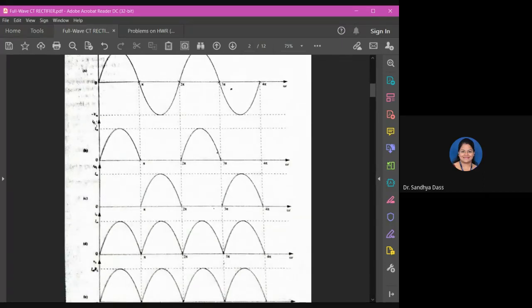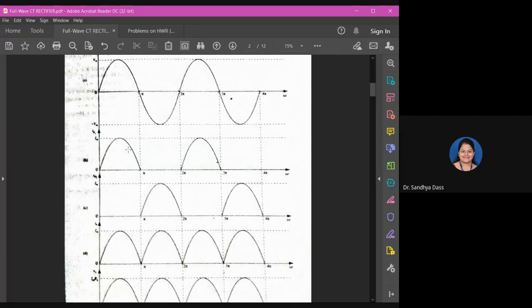Then the output, what you can see here, first one is because of diode 1. When diode 1 is conducting, in these periods, say 0 to pi and 2 pi to 3 pi, the output you will get because of diode D1 is only between 0 to pi, 2 pi to 3 pi, and so on. In other words, only during the positive cycles. And you get the output because of diode D2 conducting in the negative cycle.